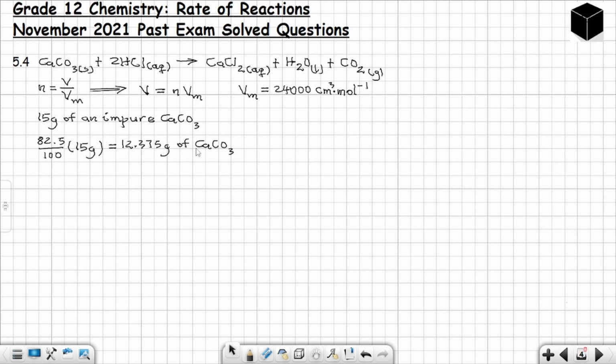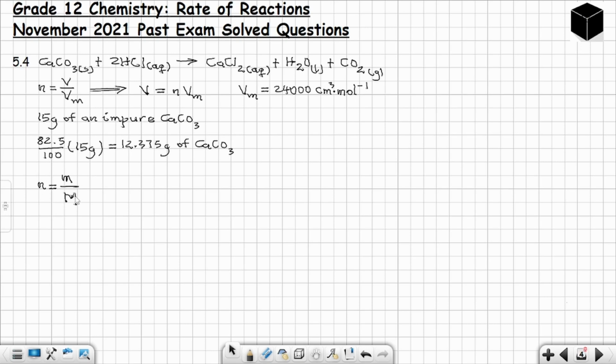So from here, you are going to find the number of moles of calcium carbonate. Now let's find what? The number of moles of calcium carbonate. So you are going to need this formula. The number of moles is equal to the mass over the molar mass. This is molar mass. The uppercase M is for molar mass.